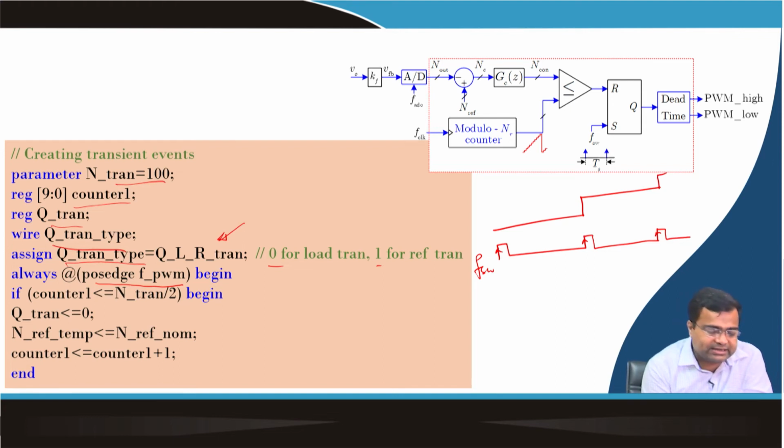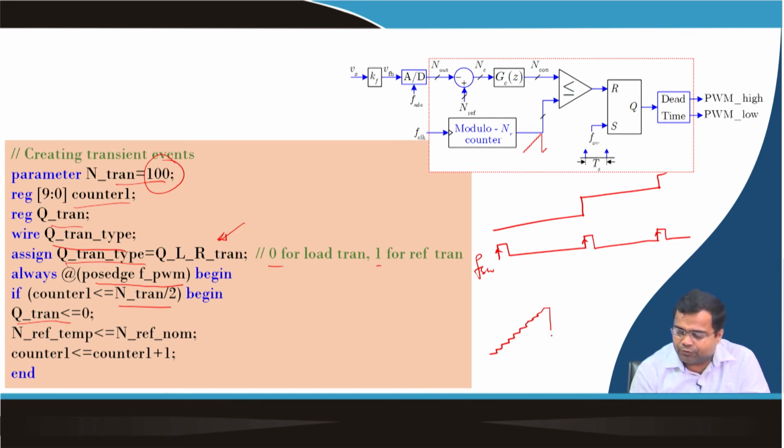When the counter hits the half value of this, then the transient up to that point will be 0. That means we are making this kind of staircase, up to the full value. When it hits, the transient type will be 0, then it will be 1, 0, 1, like that.